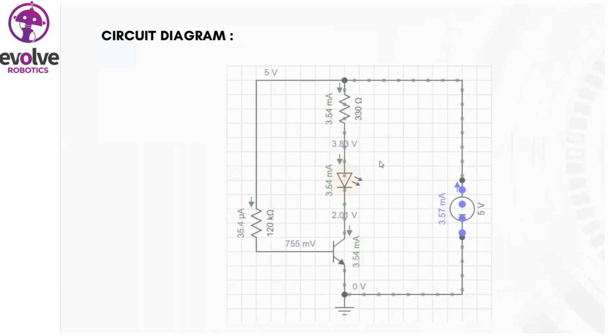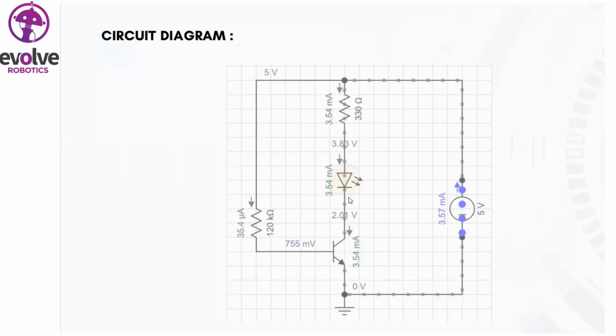Now I have a question. This is actually like a closed circuit. That means the negative side is connected with the emitter and the collector is connected with the positive side of the battery. If we avoid the connection of the base, we still have a closed circuit, so why is the LED not turned on?